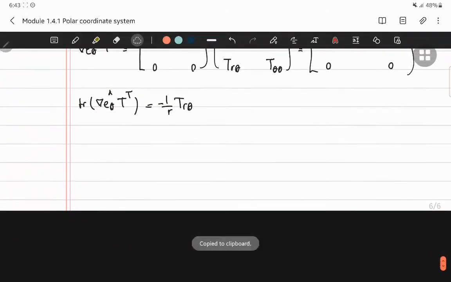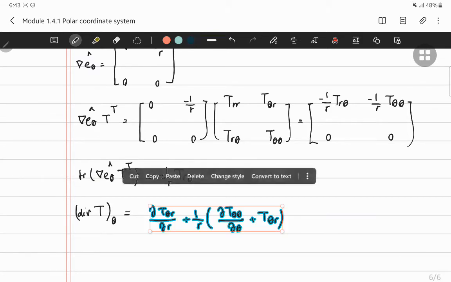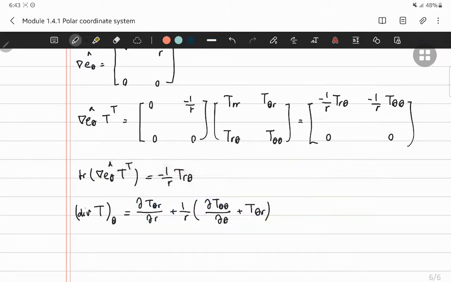Copy. And this is the divergence of T, θ component. Paste. Here, minus minus becomes plus T_rθ, which is the same as equation 233.33.